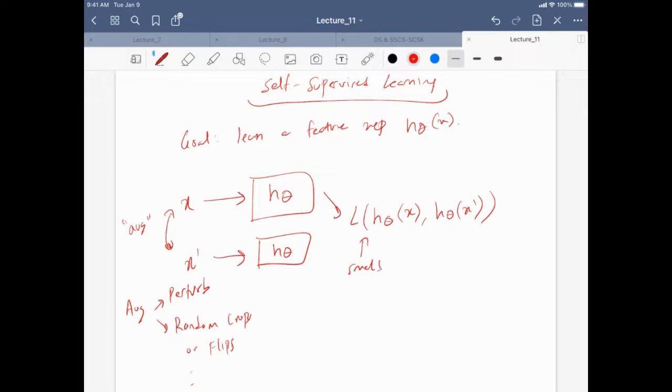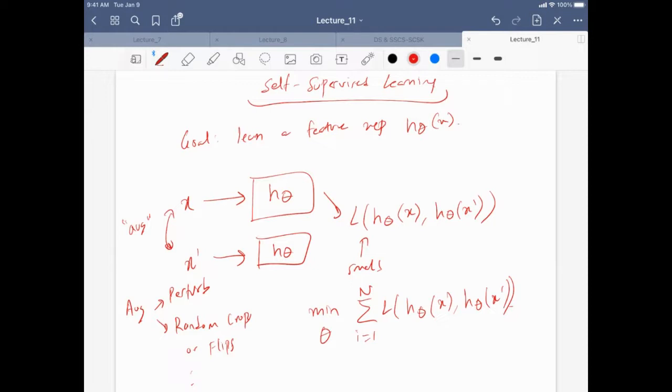So now, given your completely unlabeled data set, you can pose a problem as minimizing over theta the sum of i from 1 to n of some loss function of h theta of x and h theta of x prime, right? Of course, this is a very, very simple idea I'm putting here. Obviously, many versions of self-supervised learning algorithms are there. In fact, in many universities, you have an entire course on self-supervised learning, right? A special topics course.